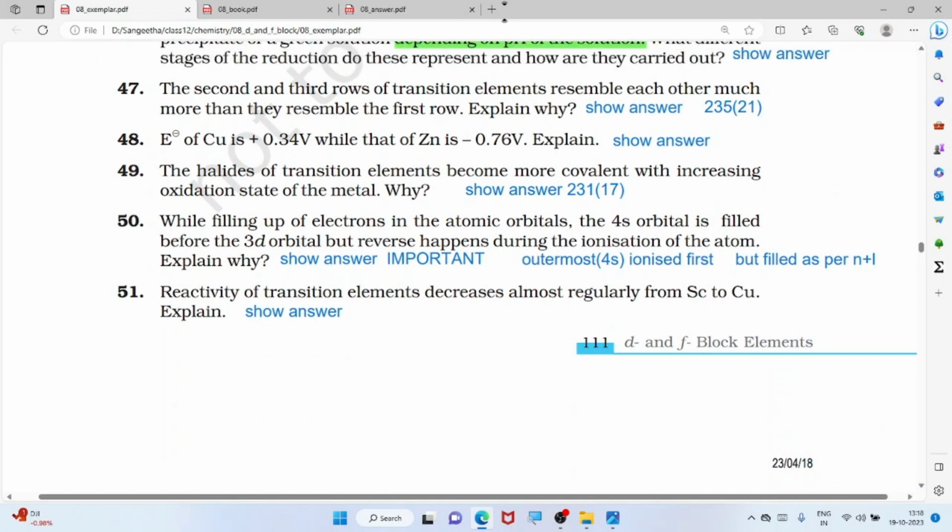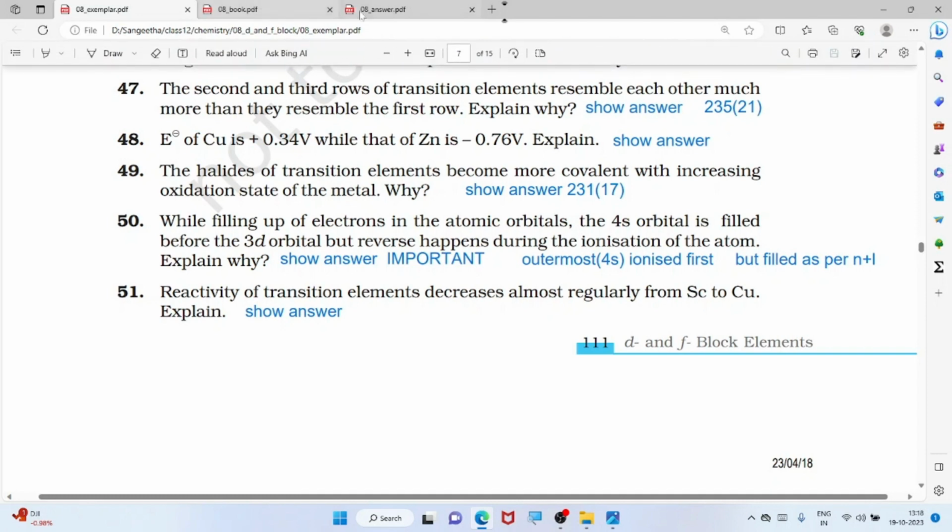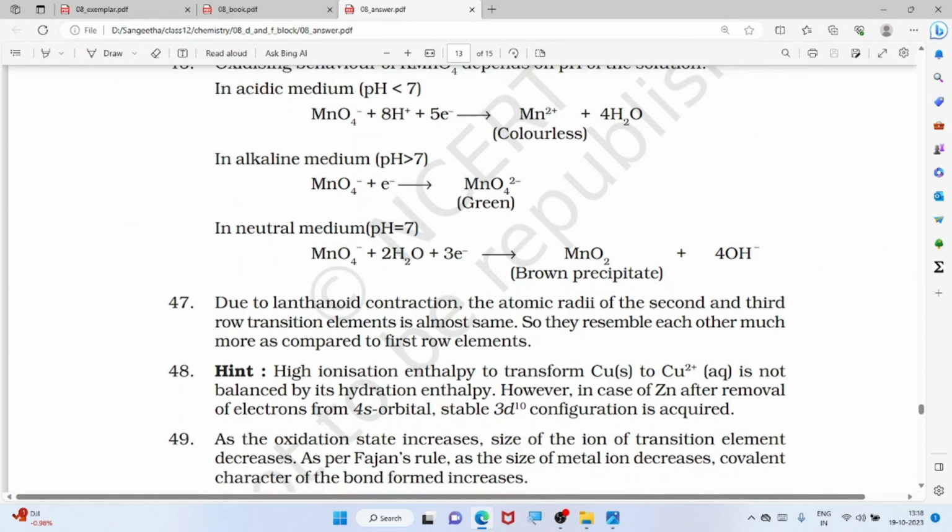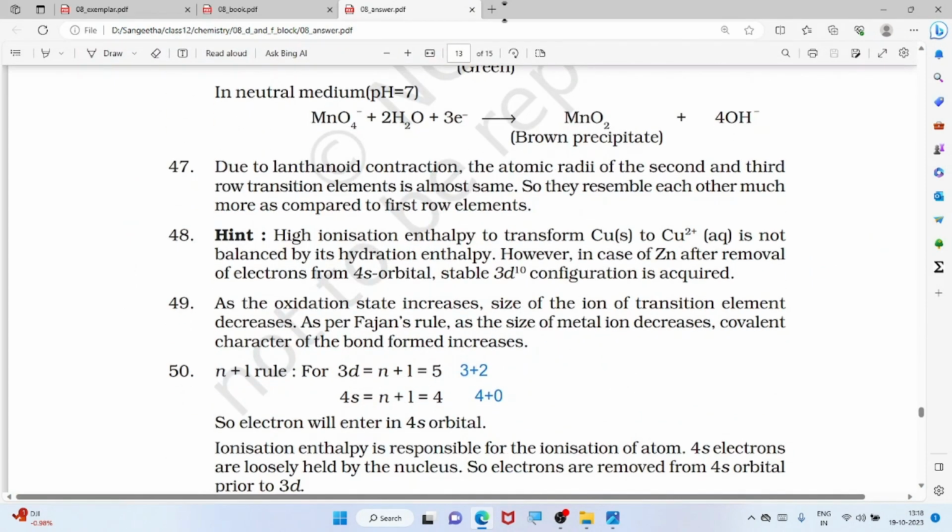The second and the third rows of the transition elements resemble each other much more than they resemble the first row. Due to the lanthanoid contraction, the atomic radii of the second and third row elements are almost the same, so they resemble each other much more than they correspond to the first row.